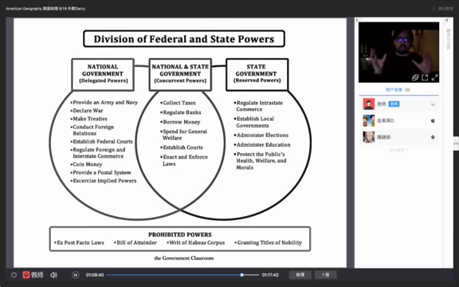The national government is the Congress. One of the powers of the Congress is to declare war. The president isn't allowed to declare war. If the president does something like that, he can be impeached and perhaps even arrested. It's the legislature or the Congress that declares war, but the president has authorization to command the army, basically.